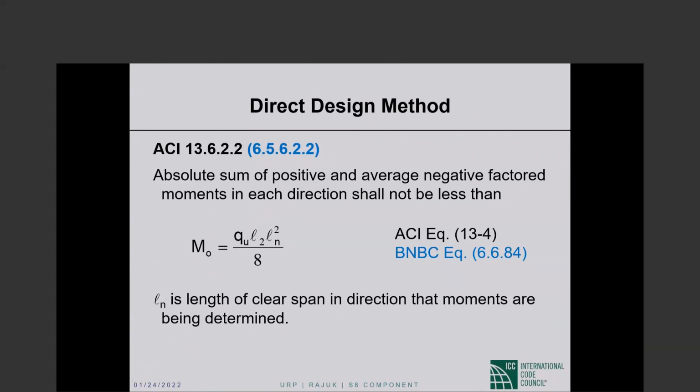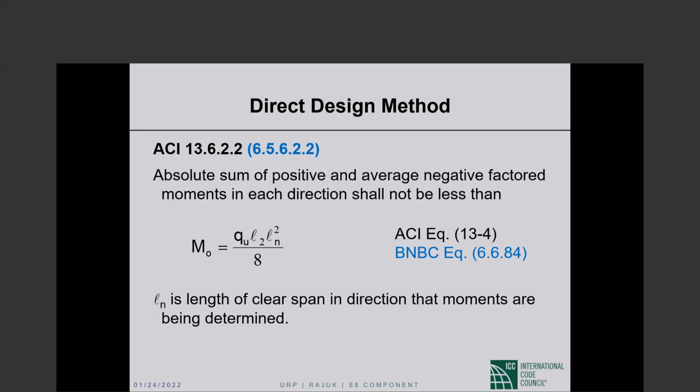You multiply that by L sub 2, you get slab load in pounds per linear foot in our units. And then L sub n squared, the clear span in the direction of analysis squared, divided by 8.